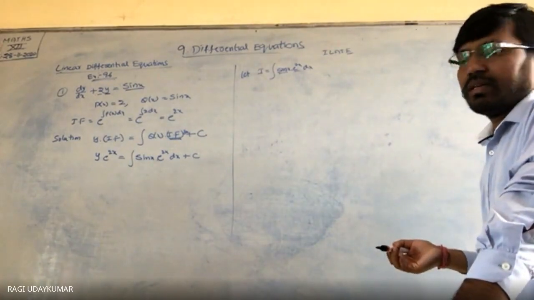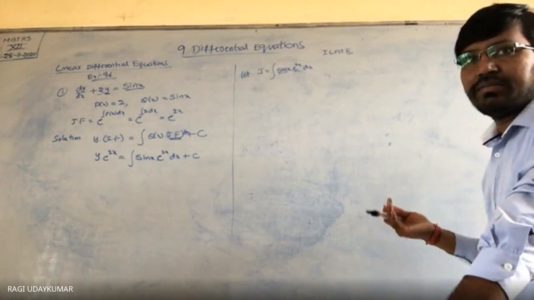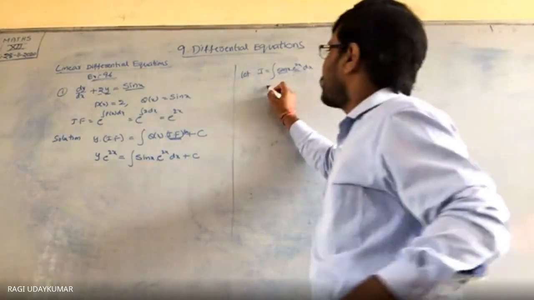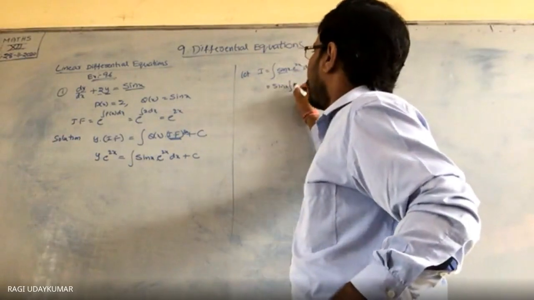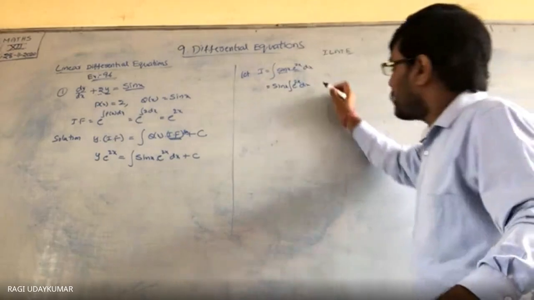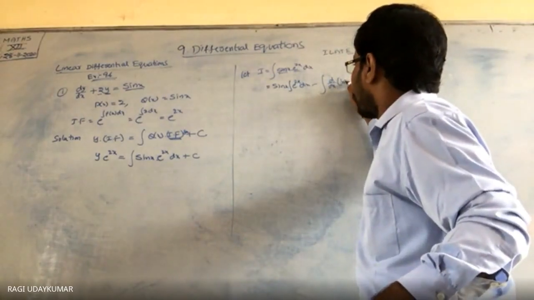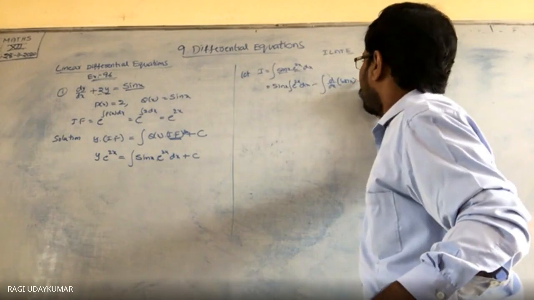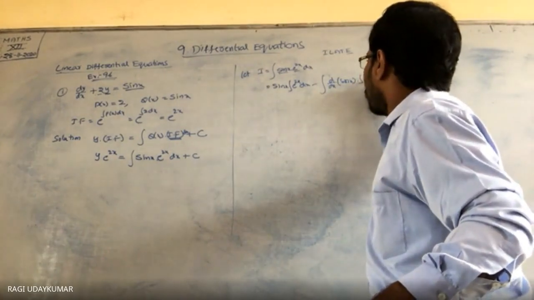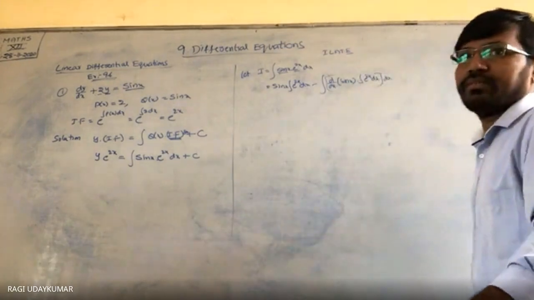First f of x into integration of g of x. f of x is sin x. Integration of g of x minus integration of d by dx of f of x into integration of this one. This is the by parts.